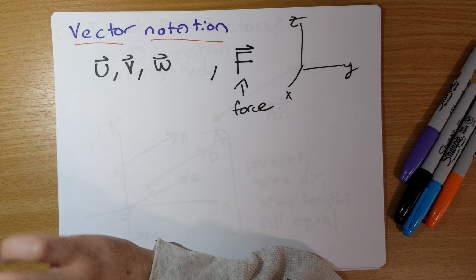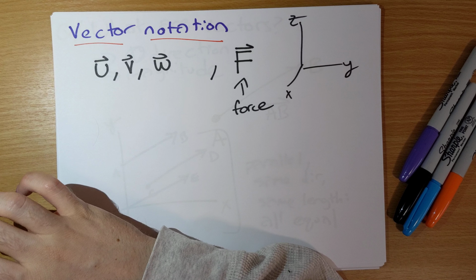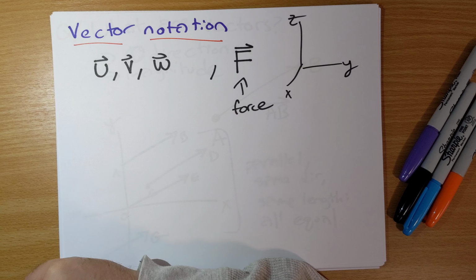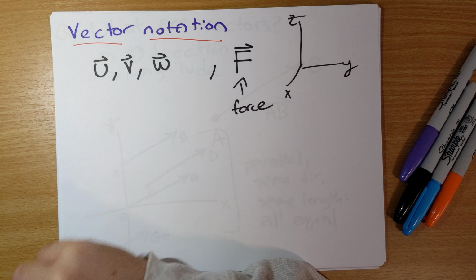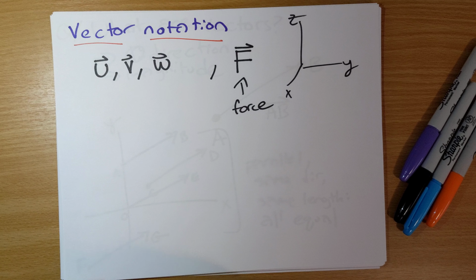Throughout this class, some things will be vectors, some things will not be vectors. If you use this notation, I highly recommend it. I think it will be very, very useful to you to be able to distinguish between what are vectors and what are not vectors, because distinguishing between vectors and not vectors is extremely important.